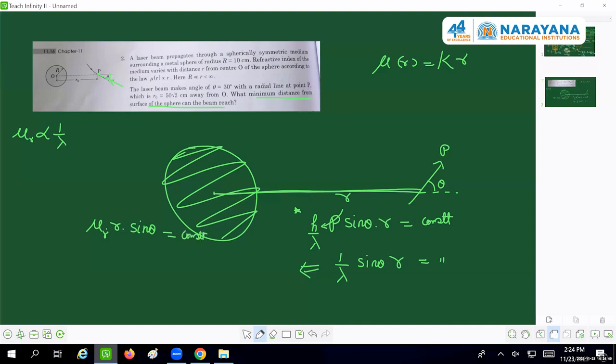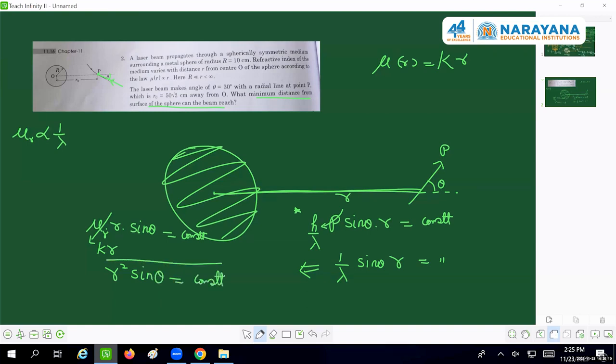And as this problem talks about mu being a linear function of r, this becomes k into r, again a constant. So basically r square into sine theta should behave as a constant.